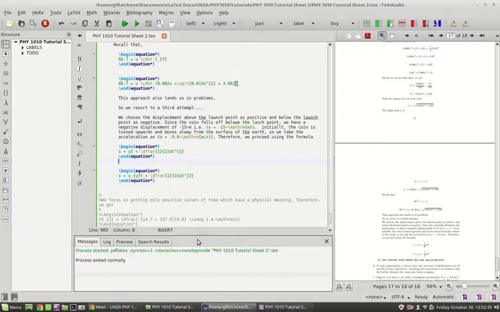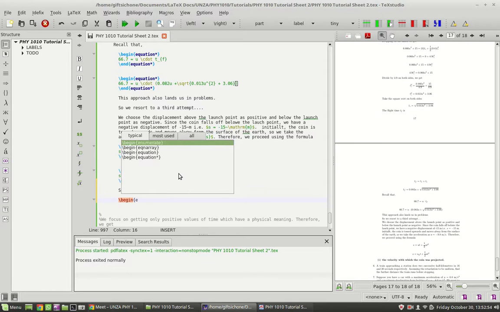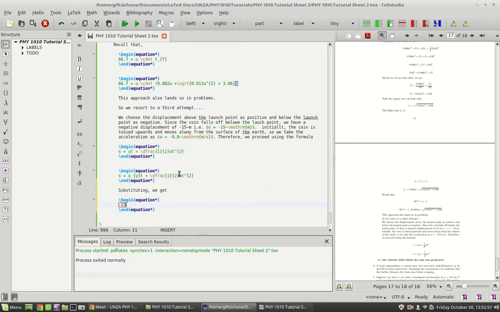Okay, so substituting, we get the equation: minus 15 meters is equal to uy, which is u sine 53. How much is u sine 53?